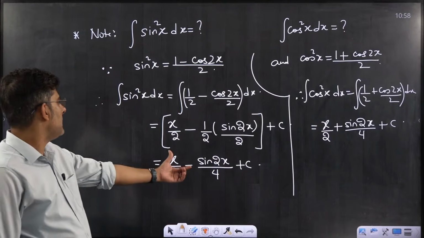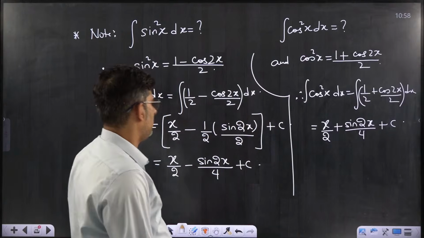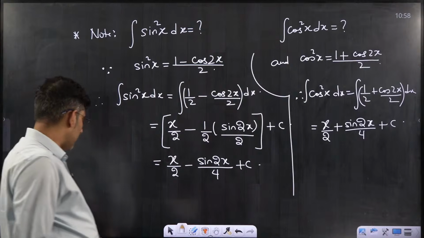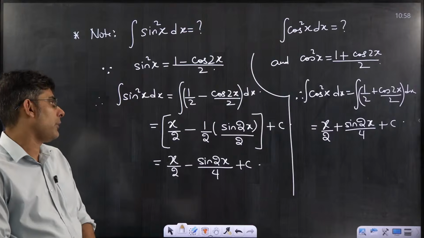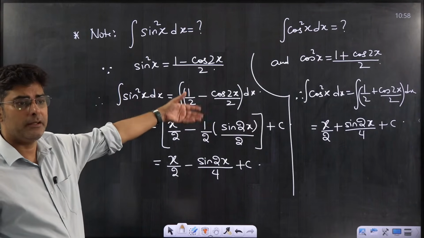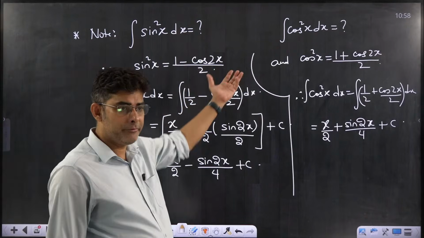So here you are getting minus and here you are getting plus. These are two important formulas obtained by transformation of sine square and cos square, and this is how we get these integrations. If they ask you with limits, you can put the limits, upper limit value first minus lower limit value second.